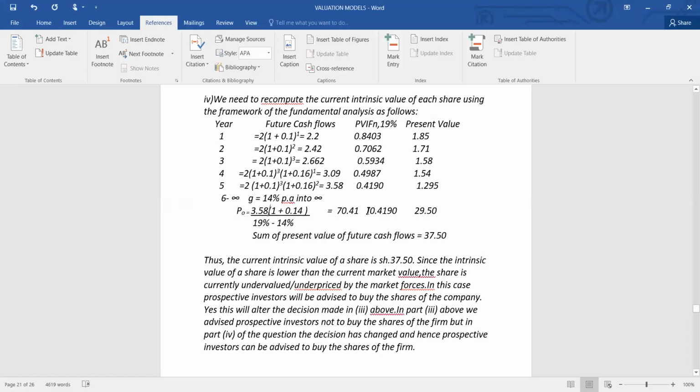So we need to compute this price. Definitely, then there's an error. 3.58 times 1.14 divided by 0.05.